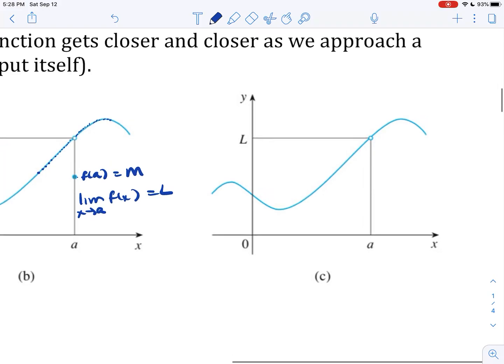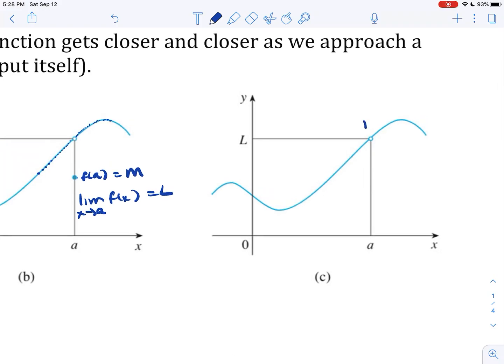And in this particular instance, we also see this hole. We don't see any output for a, so we say here that f of a is undefined, or does not exist. That backwards E stands for does not exist. So a is not part of the domain of f of x.